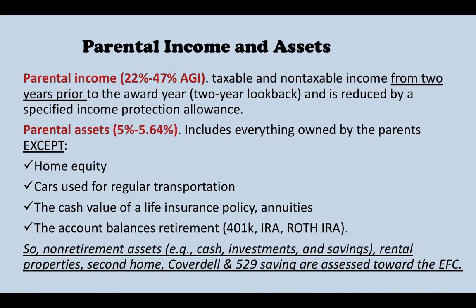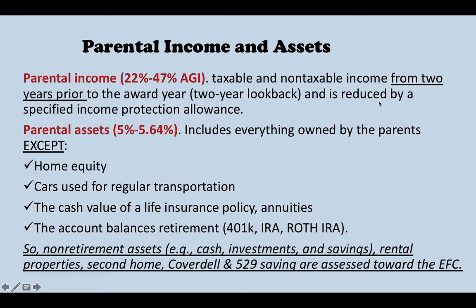Here, quickly, we're going to see what parents' income and assets are. Parent income is counted at 22% to 47%. It is from 2 years prior to the financial aid year, so a 2-year look back.